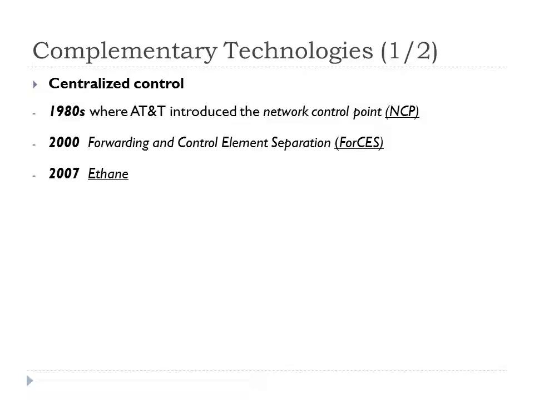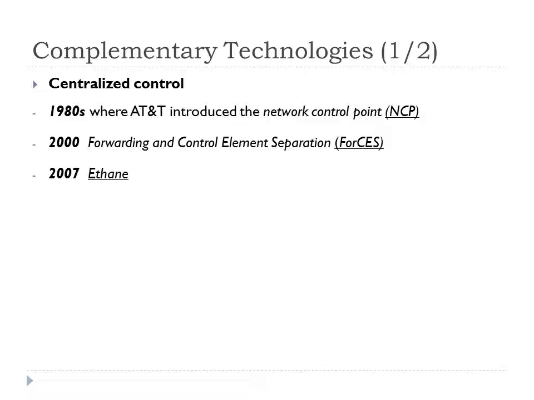This technology employs a control element to formulate the routing table in traffic forwarding elements. And quite recently, in 2007, we have something like Ethane. Ethane computes flow table entries based on access control policies in individual hardware.